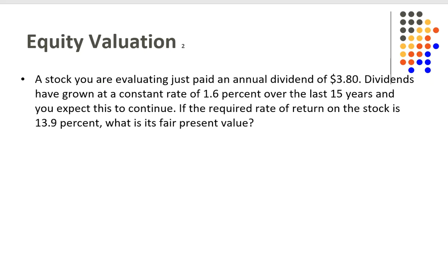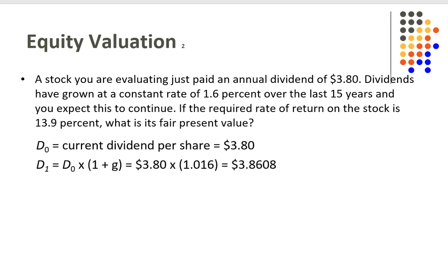A stock we're evaluating just paid an annual dividend of $3.80. Dividends have grown at a constant rate of 1.6% over the last 15 years, and we expect that annual rate to continue. And if we require a 13.9% rate of return, what would we estimate as the stock's fair value? Again, the first step is to estimate our dividend at time 1 if we're going to be using our constant growth model.